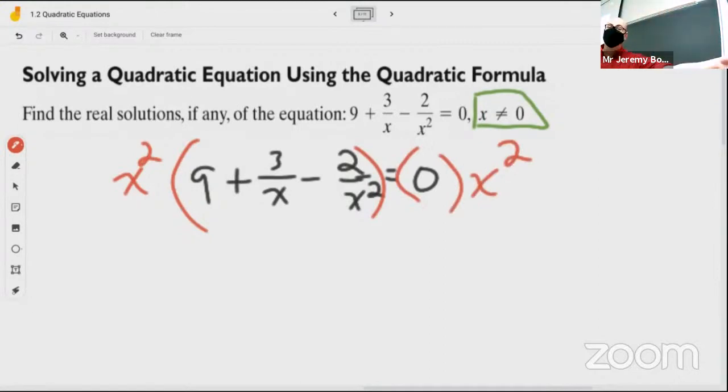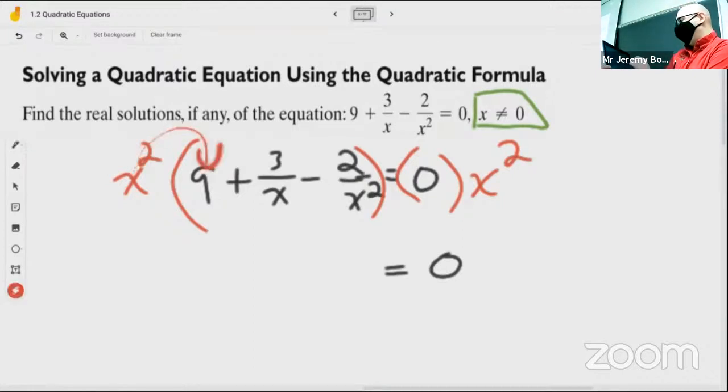Now on the right-hand side, it's fairly straightforward. X squared times 0 is 0. Right? Anything times 0 is 0. On the left-hand side, it's going to be a bit more complex. The x squared is going to distribute. So let's go ahead, let's write it out as such.